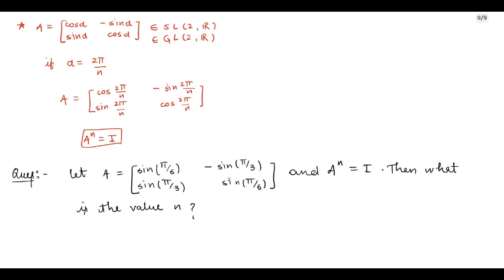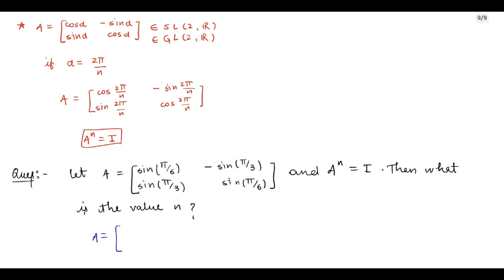Using De Moivre's theorem, if A cube is identity, A cube is equal to identity, sin pi by 2 is 1, sin pi is 0, again sin pi is 0, sin pi by 2 is 1, identity. Here we write A is equal to this, sin 5 pi by 6.